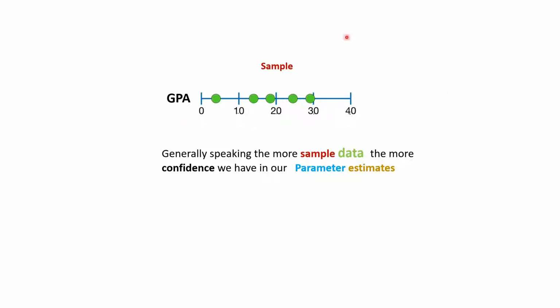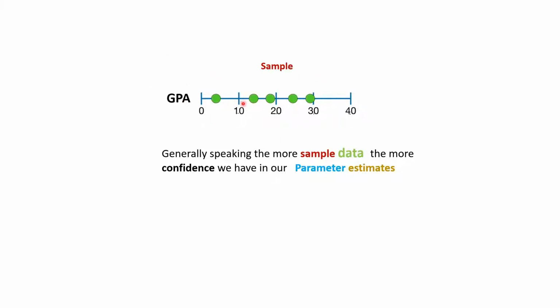So we calculate the GPA of 5 randomly selected students, and we use this to estimate the average GPA of the 82 students, because it's a hard task to ask each one of the 82 students their GPA. Generally speaking, the more sample data we have, the more students we randomly select from the population, the better.